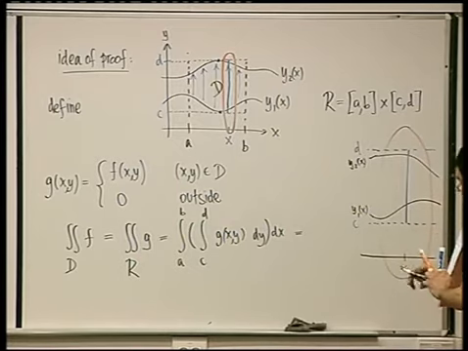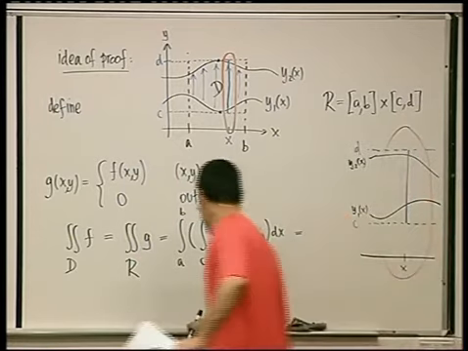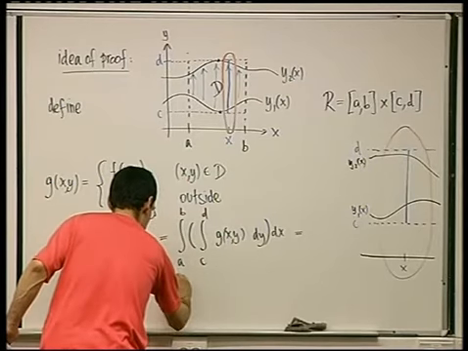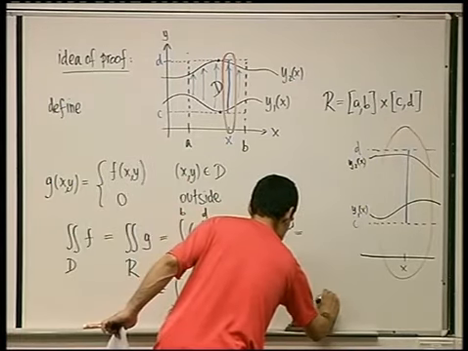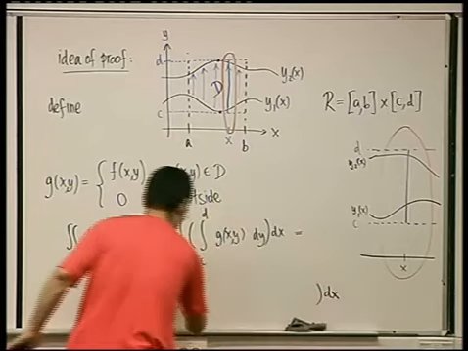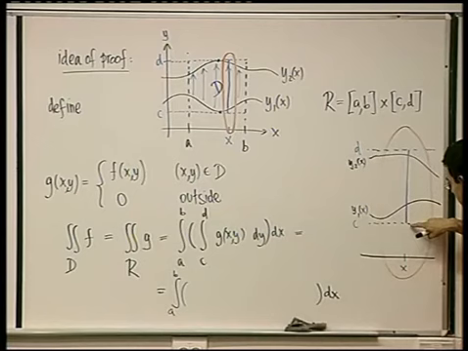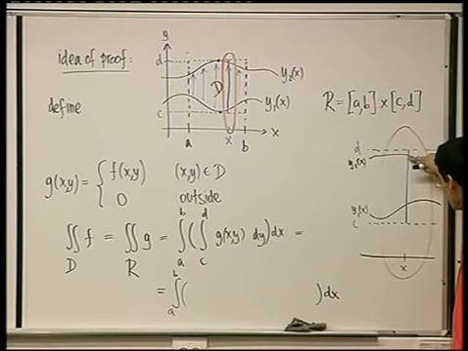Okay, so do you agree that I can rewrite this as the outer integral I'm not touching, the integral from a to b dx, I'm leaving that untouched, but inside I'm going to break it into: integrate from c to y1 plus integrate from y1 to y2 plus integrate from y2 to d. Do you agree?